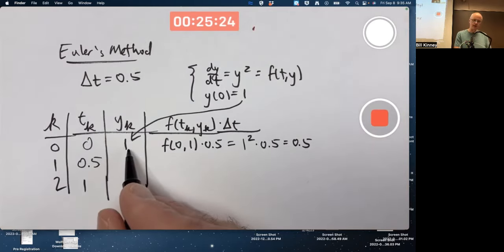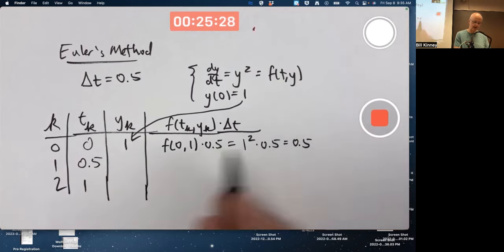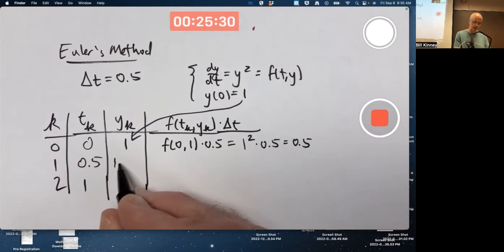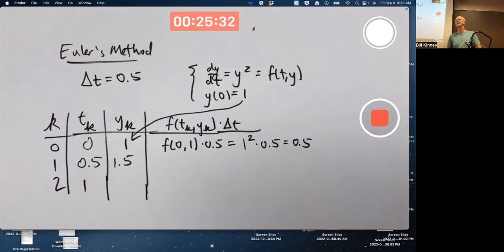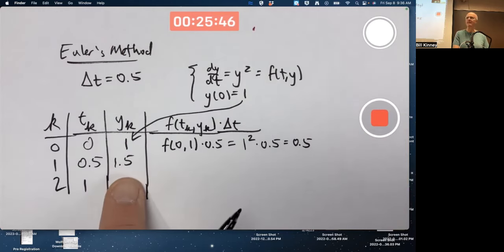So our approximation for how much y changes is 0.5, so it's going to go from 1 to 1.5. Effectively, we're using the tangent line in the slope field at the initial condition, following it forward 1/2 a unit in time and seeing how much y changes. And 1.5 is the second coordinate of the new point on that tangent line. Does it equal the solution curve there?